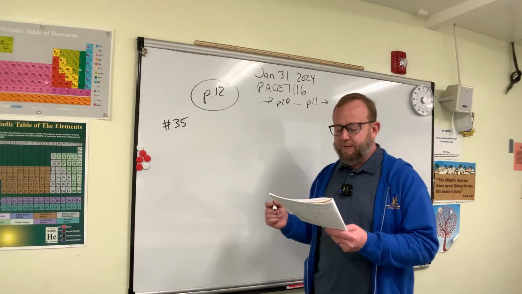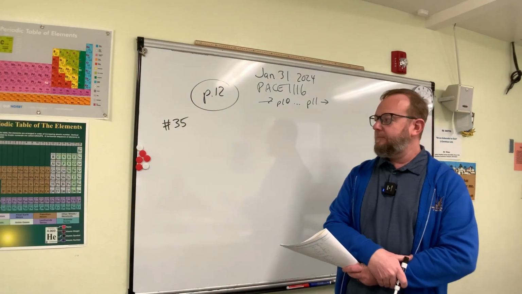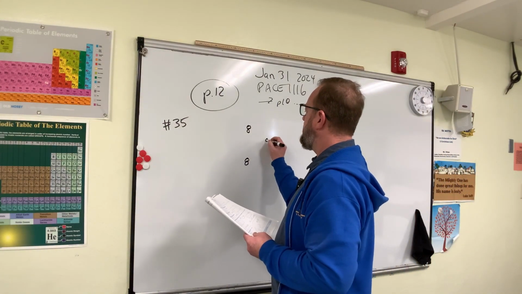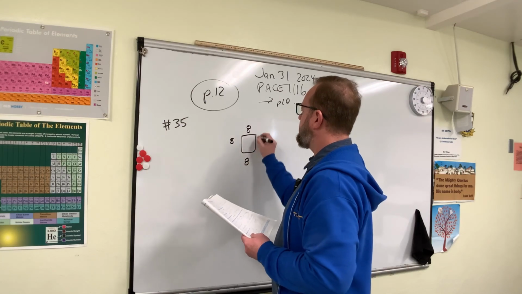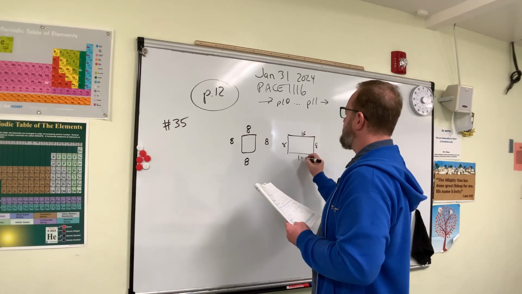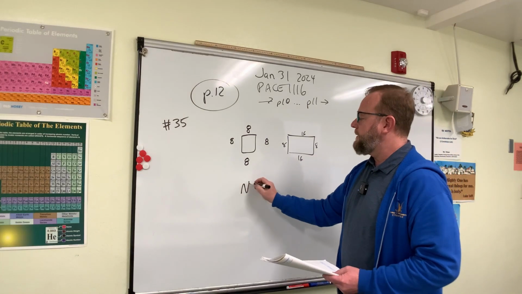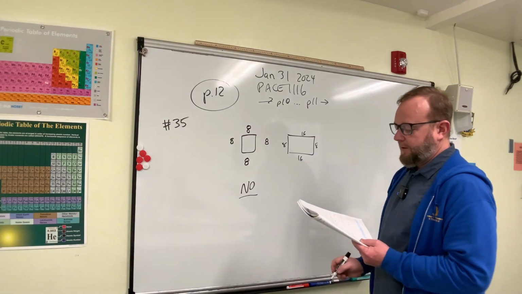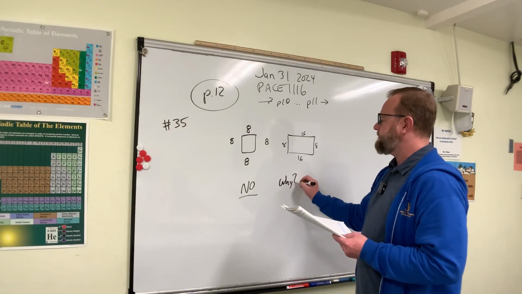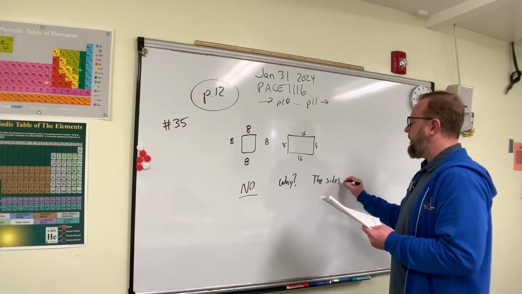So number 35, we're going to say no. But why? Well, the sides are all 8 all the way around on that square. And this remains 8, but these go to 16. So our sides, we would say no, not similar polygons. The why is the sides are not what?